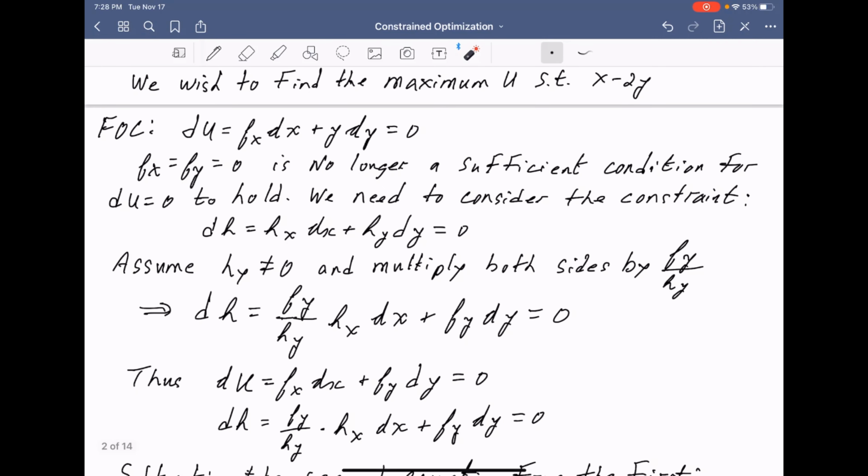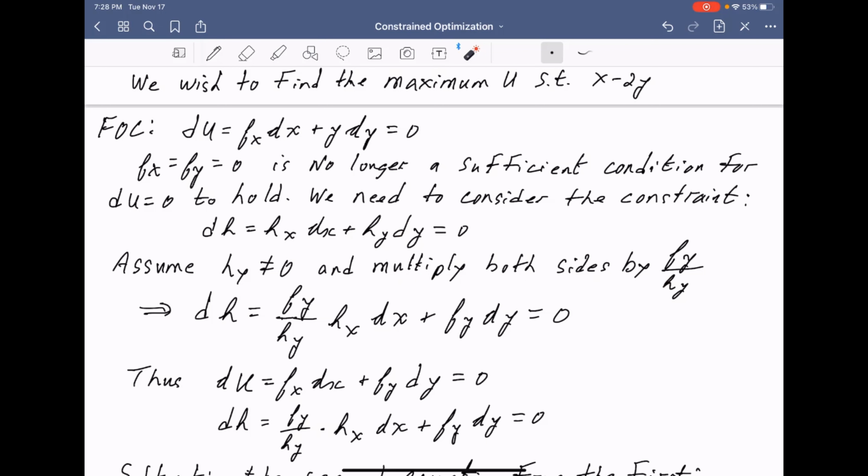We can totally differentiate the constraint. dh is equal to the first partial derivative of h with respect to x times dx, plus h sub y dy, equals 0. Assume that h sub y is not equal to 0.